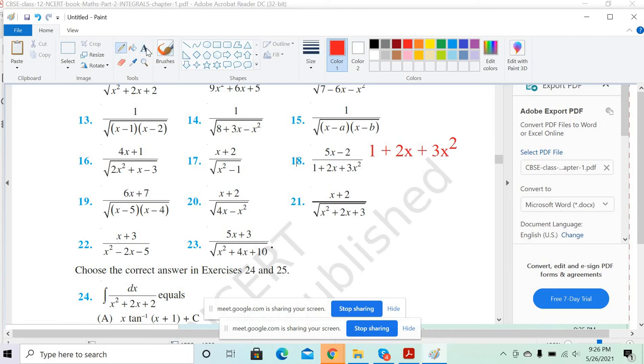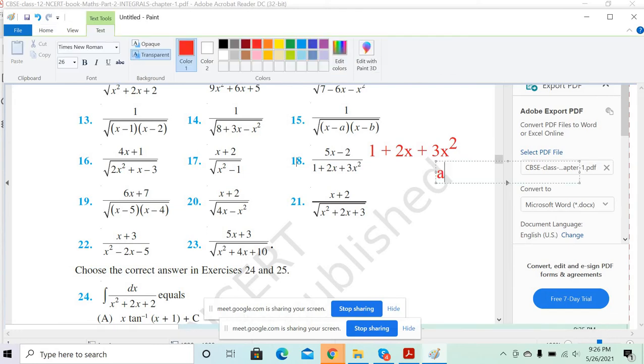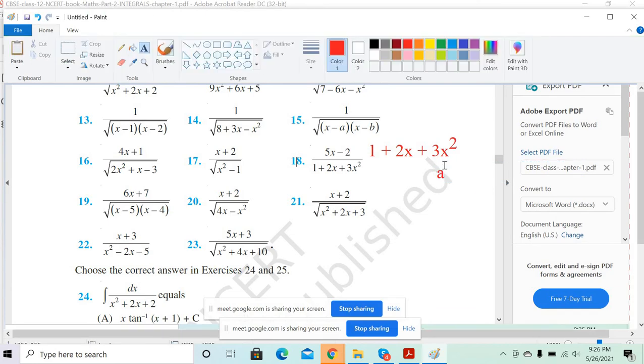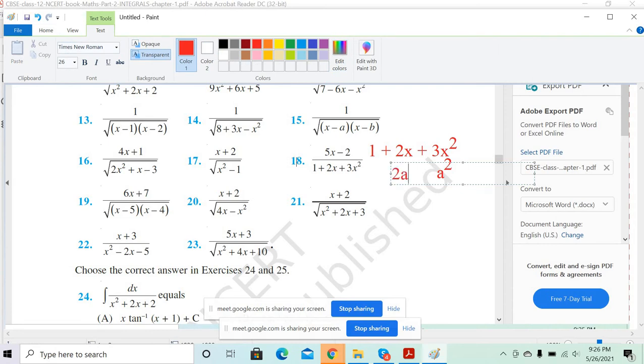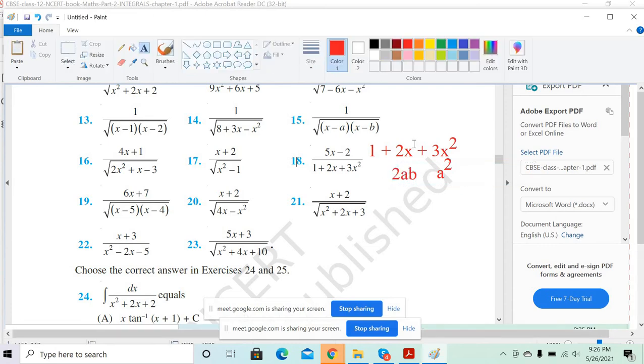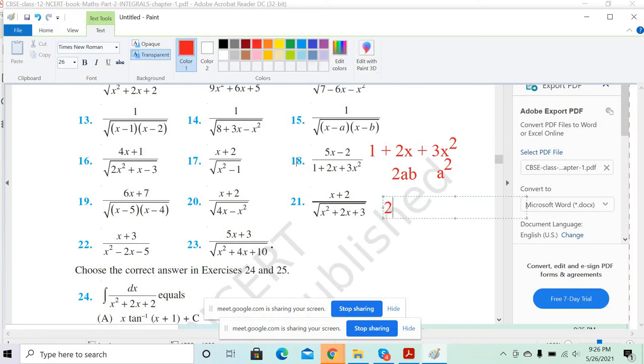So here, this is the a square and this is the 2ab. So 2ab is 2x, so 2x is equal to root 3x into b, correct?